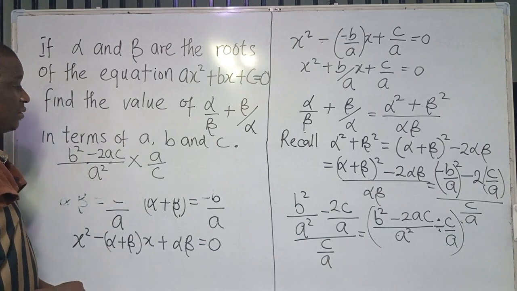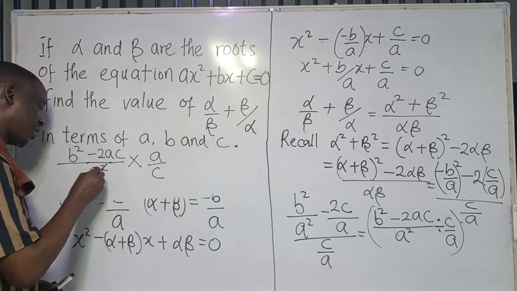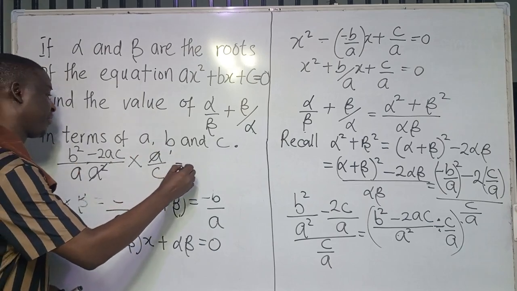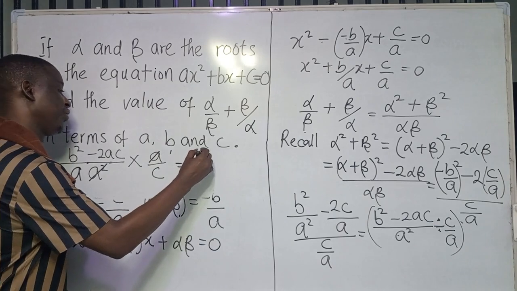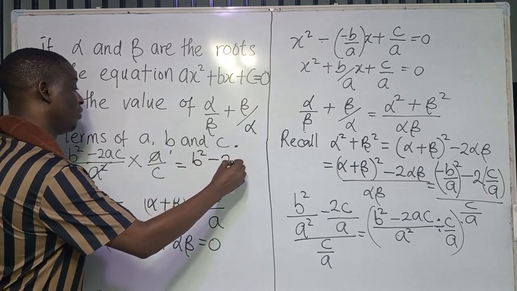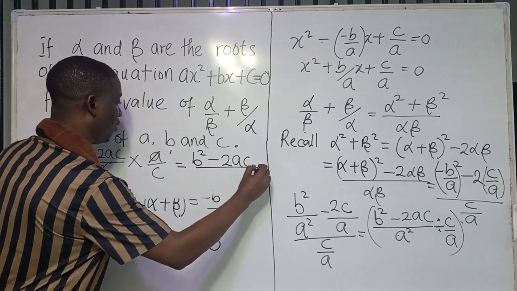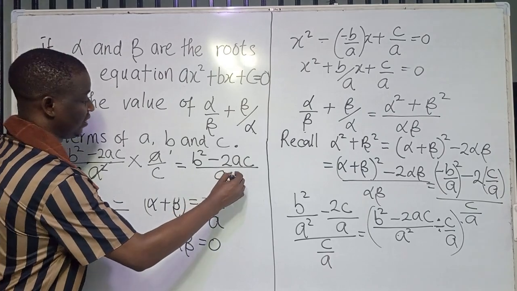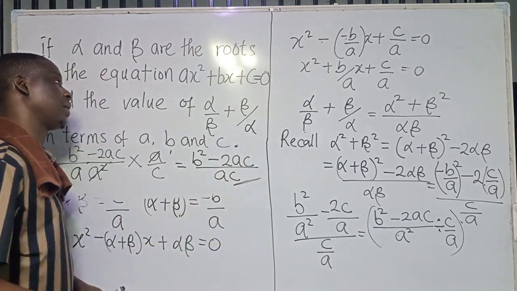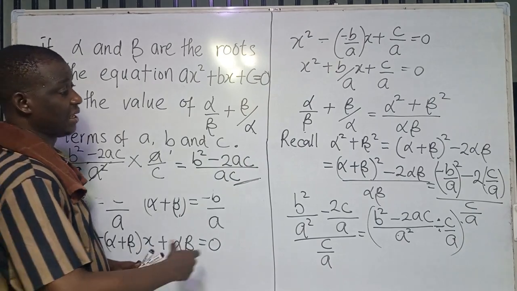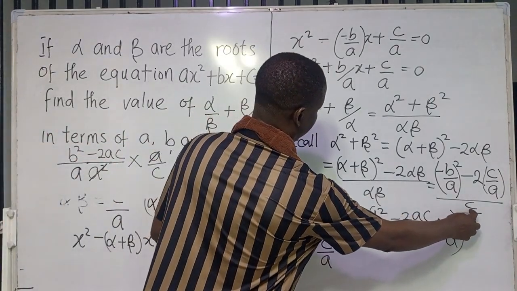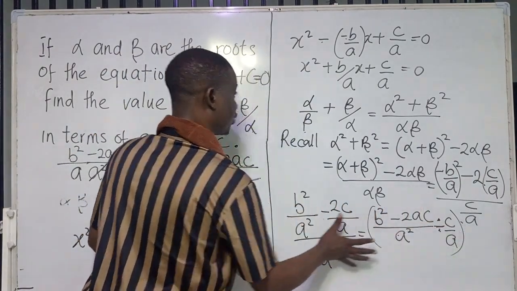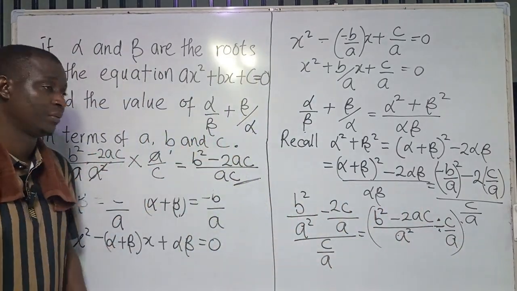So this one will cancel this one, remaining a. Our final answer will now be b squared minus 2ac, all over ac. That will be our answer. So you have to be very careful from here down to this place. This is where the confusion will come from. So thank you.